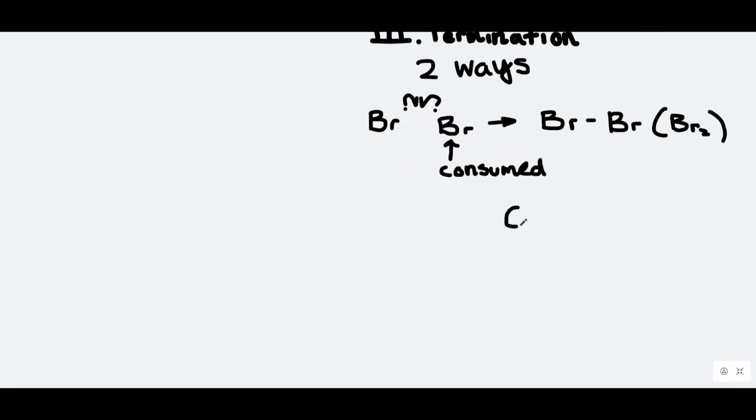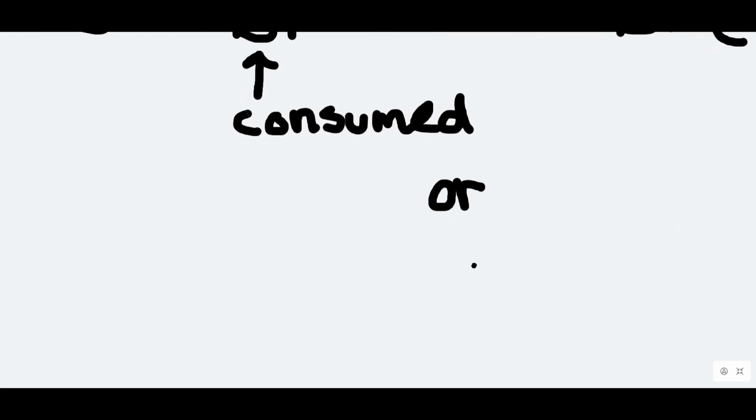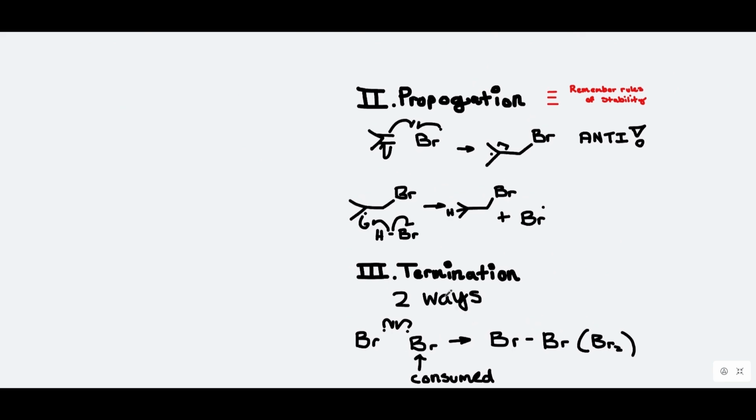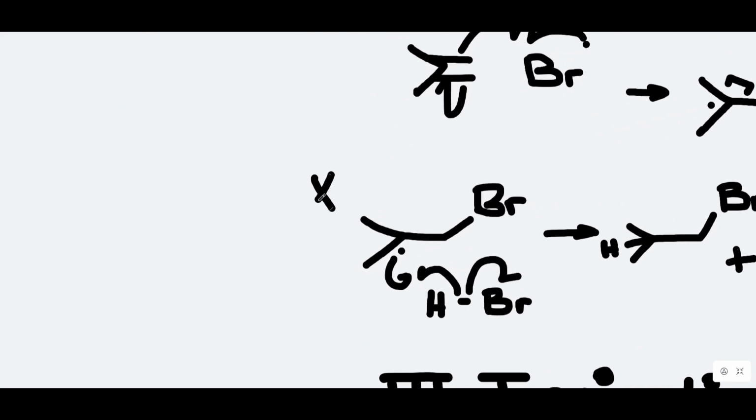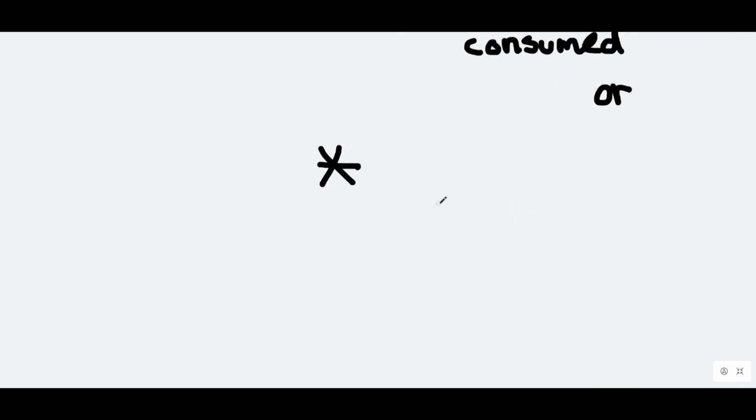Or we have a different fashion of creating a termination step in which we actually use this radical here. So I'm actually going to star that, move that down here. So let's draw out what we had up there. We had this, and we had a radical.